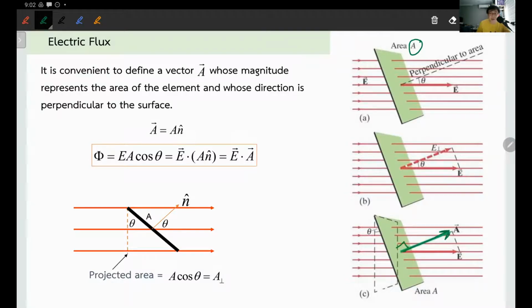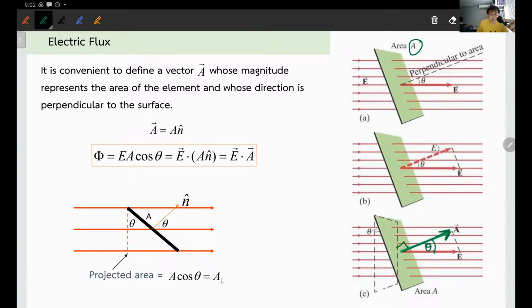That is the green vector in figure C. That is your area vector. Okay with me, guys? Good. Once you define this area vector, you start seeing that there is an angle that this vector A is making with the electric field vector E. You guys with me?